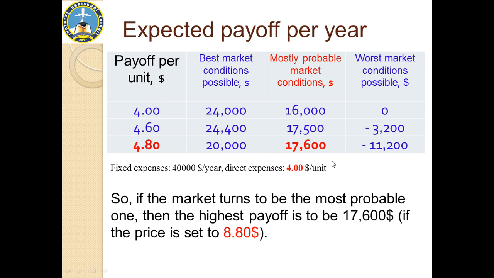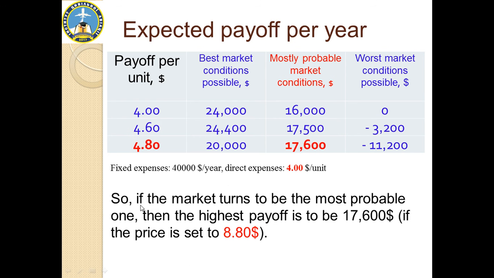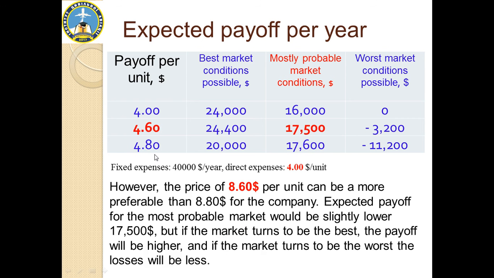For example, if the market turns to be the most probable, then the highest payoff is 17,160 if the price is set to the highest possible value. However, the price of 8.6 with a payoff of 4.6 per unit can be more preferable than 8.8 for the company.